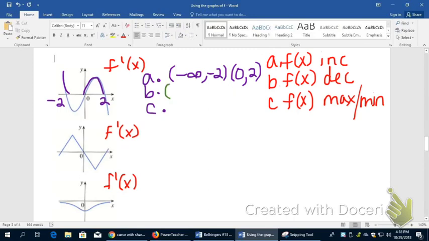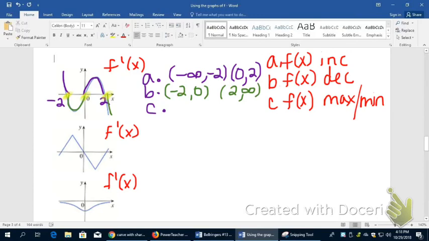Likewise, that means f of x is decreasing from negative 2 to 0 and 2 to infinity, because that's the part that's below the x-axis. So any part where f prime of x changes sign, which is there, there, and there, are places where there are maxes and mins.